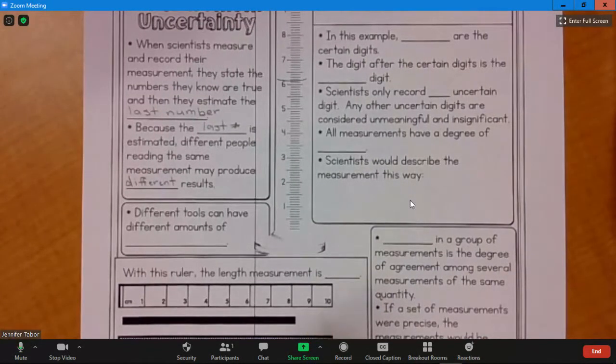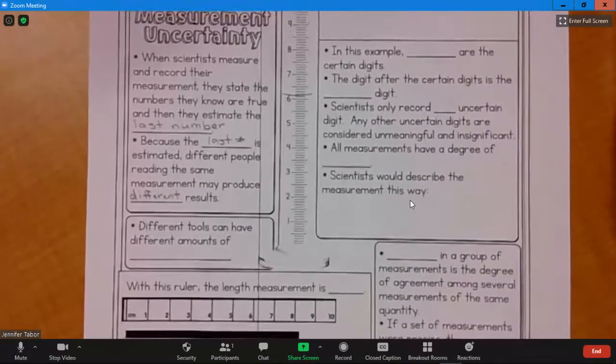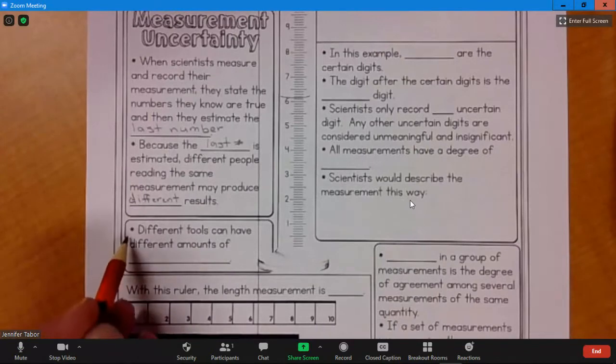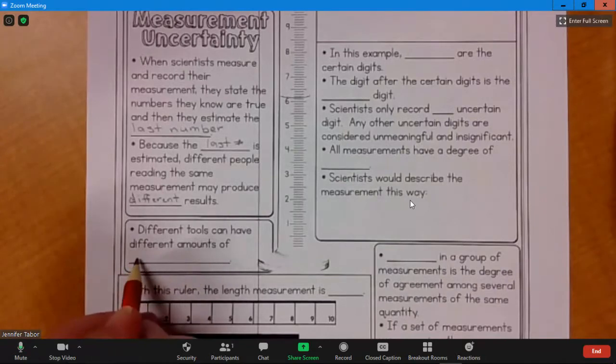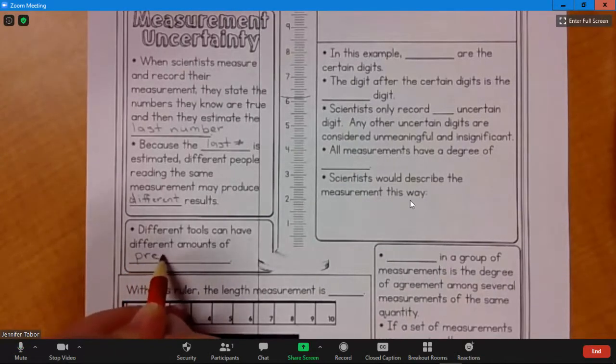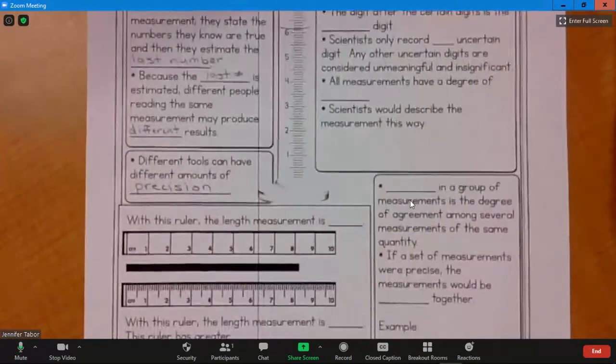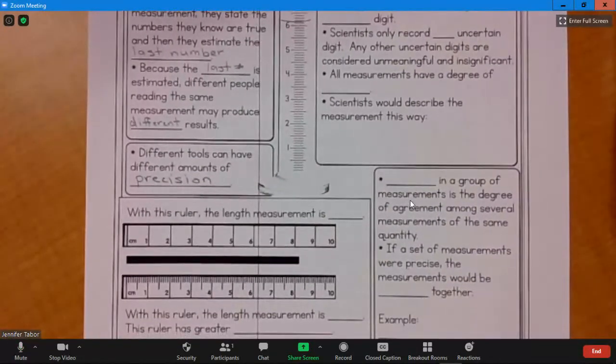That last number, because it's an estimate, though, there's a little wiggle room for that. The other thing when we talk about uncertainty in measurements is that we know that different tools have different amounts of precision, which you can see here in these rulers, right?